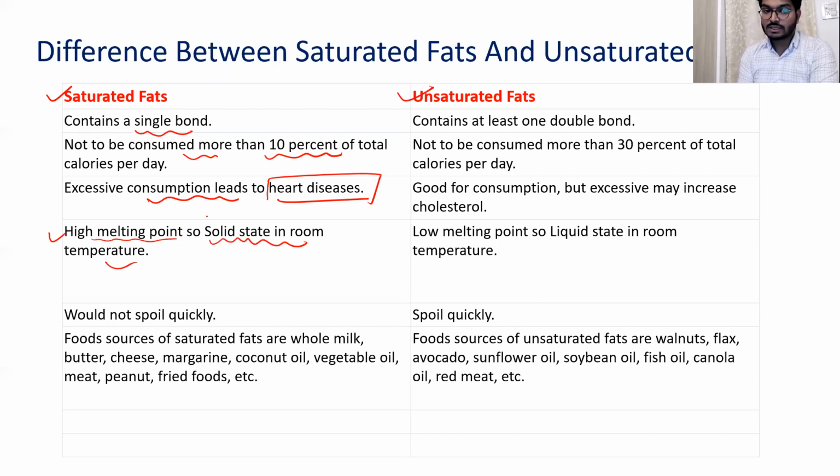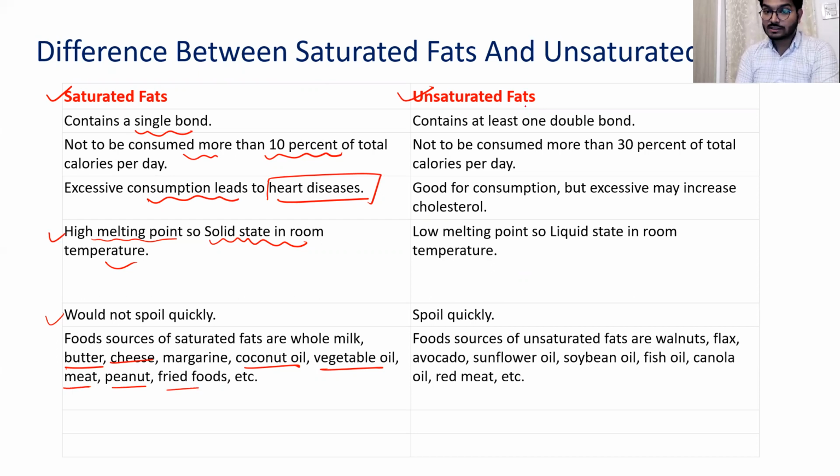These compounds do not spoil quickly. Examples include cheese, butter, coconut oil, vegetable oil, peanuts, meat, and fried foods.